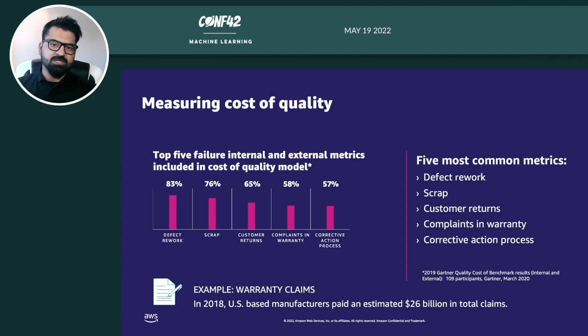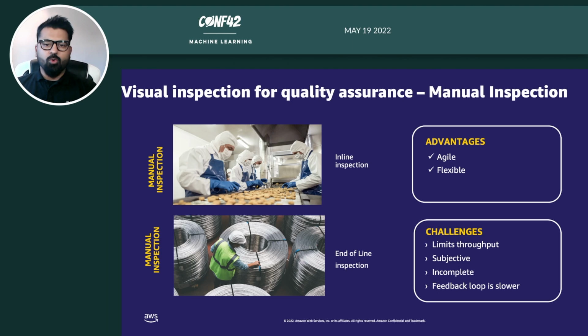So what are organizations currently doing for quality assurance? For starters, there's the manual inspection process, both inline and end-of-line inspection. Though this process is agile and flexible, it lacks in throughput. It has a slower feedback loop, a matter of days, hours, or minutes.